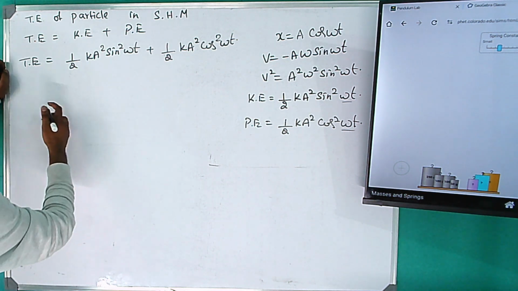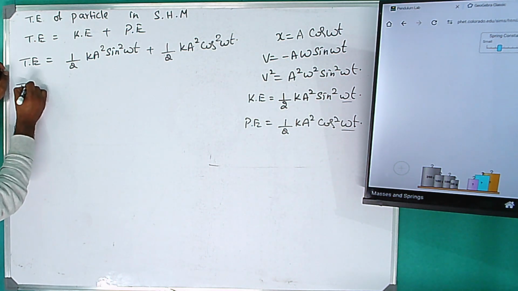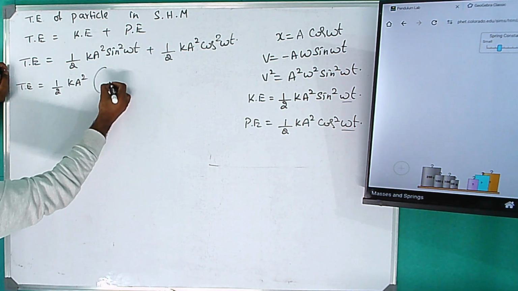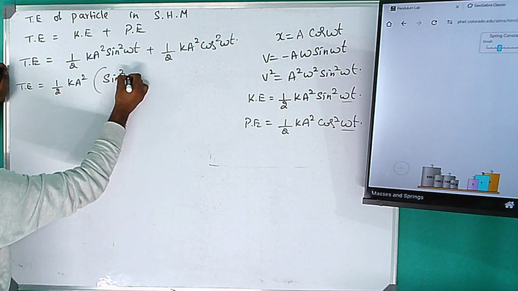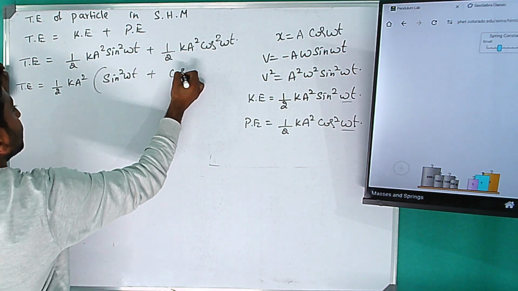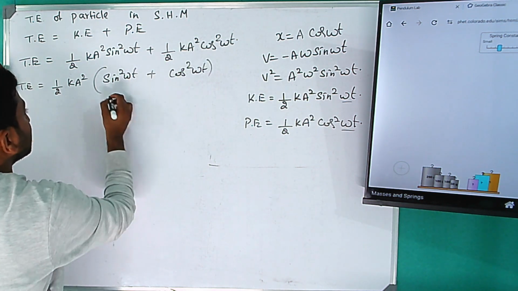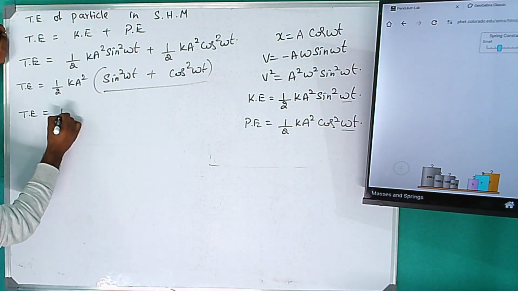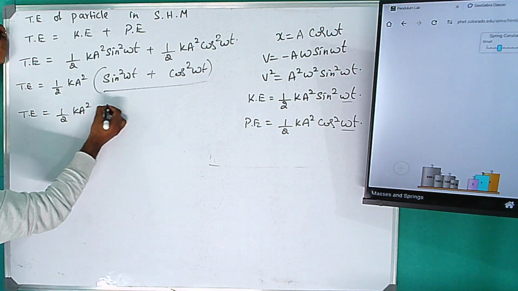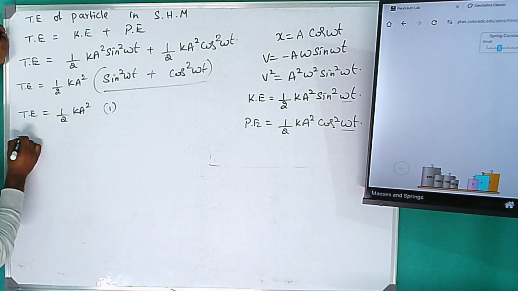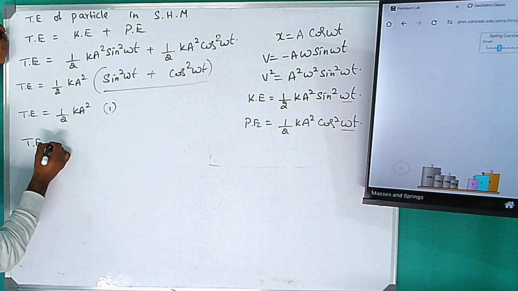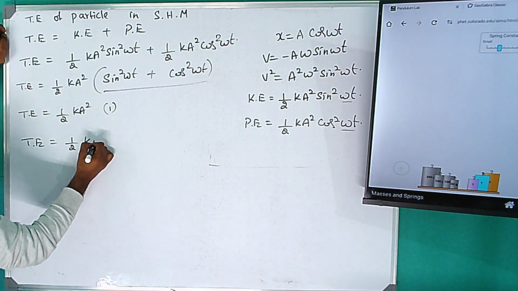Let us take k a square common. Total energy is equal to half k a square, taking it common. The remaining thing is sine square omega t plus cos square of omega t. So what is this term? 1. Total energy is equal to half k a square into 1. Total energy is half k a square. So let me write here, total energy is half k a square.